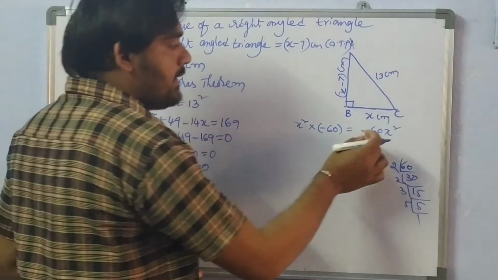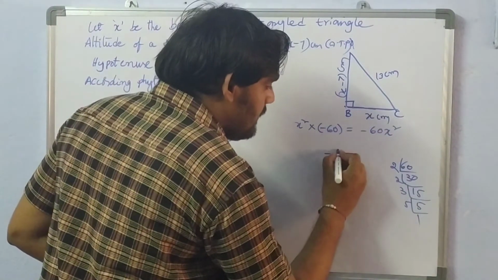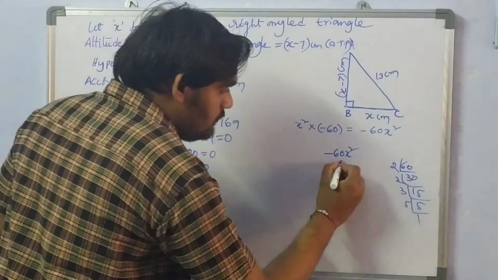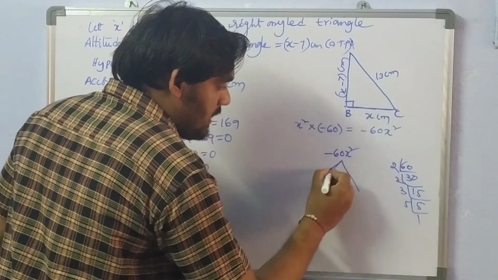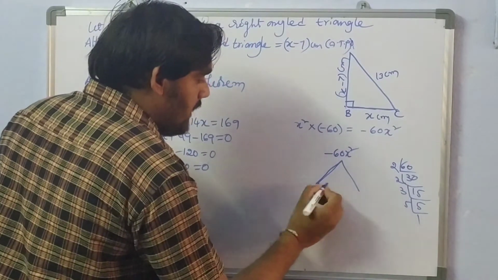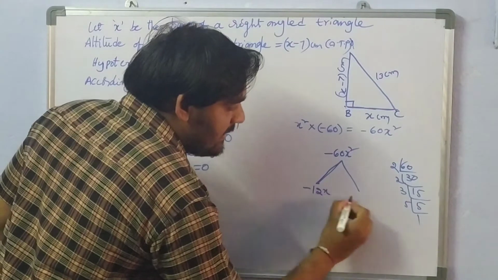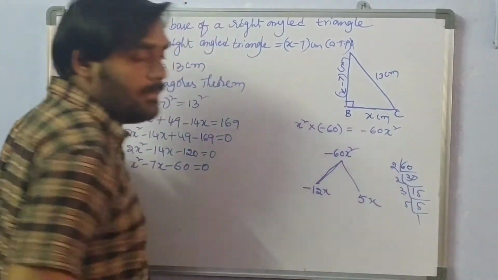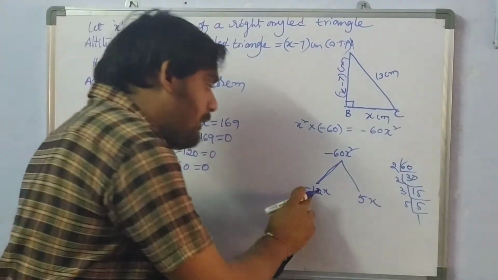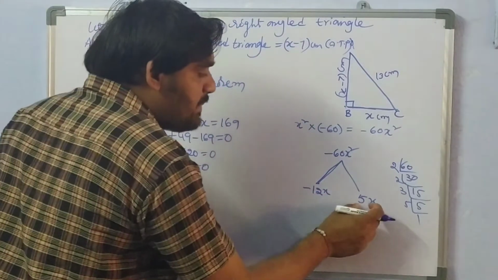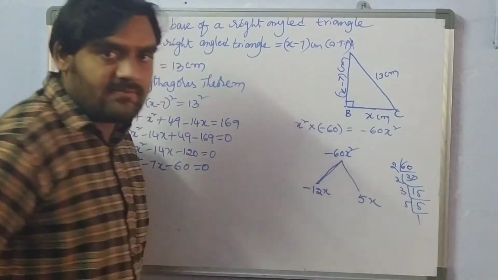So we can write minus 60x square as the product of minus 12x and 5x. If you add these two, you will get minus 7x. If you multiply these two, you will get minus 60x square.